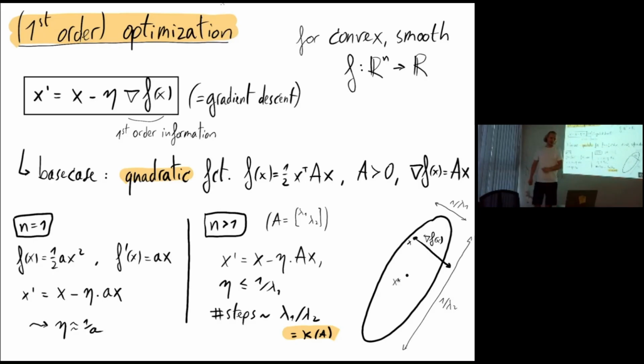Putting these two things together, the number of steps, back of the envelope, would be something like lambda 1 over lambda 2. We need to cross a distance of about 1 over lambda 2, and our step size is 1 over lambda 1, so the number of steps is something like lambda 1 over lambda 2.